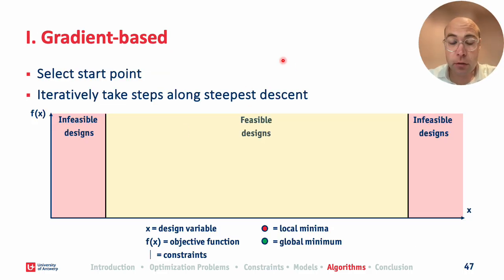The gradient-based algorithm is the most common one. We have an objective value, and we have a design parameter on the x-axis. The algorithm knows nothing in advance. It just starts from a certain feasible design, and then it looks at the gradient, where the gradient is descending. That's the good direction to look for an objective that is as low as possible.